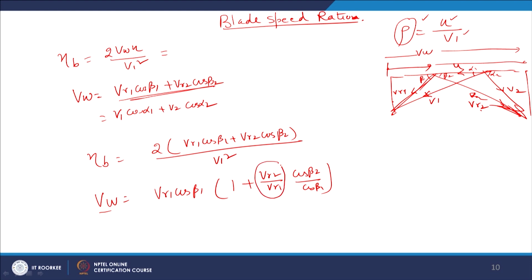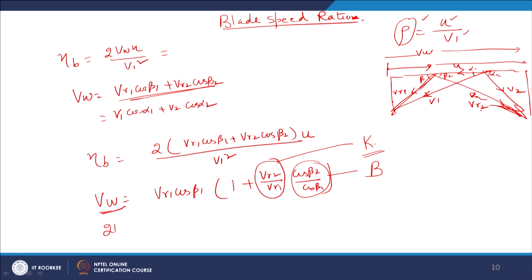This ratio we have earlier said is the velocity ratio, which is denoted by K, VR2 by VR1. When there is no friction loss, it has to be 1, but it is never 1. Practically it is always less than 1. And cos beta 2 by cos beta 1 is called the blade ratio, denoted by KB.